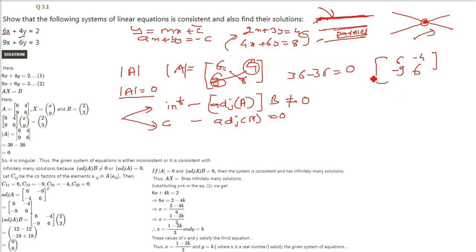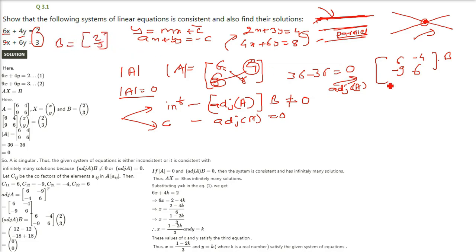So I am just taking the adjoint now. I have exchanged the diagonal values and changed the sign of the other values. This is adjoint A, and this adjoint A has to be multiplied by the B matrix. What is the B matrix here? 2 and 3.